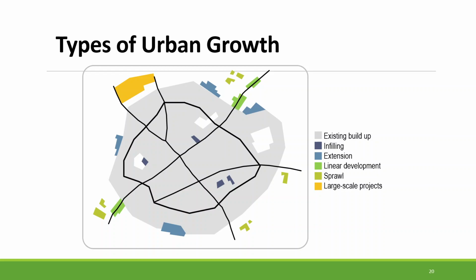And then sometimes, due to some large-scale projects, a particular development is being done. For example, some industrial estate is being set up for a particular purpose, or a special economic zone is being set up. That is a kind of large-scale project which is a type of urban growth.